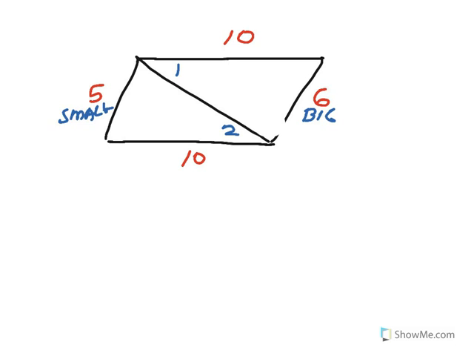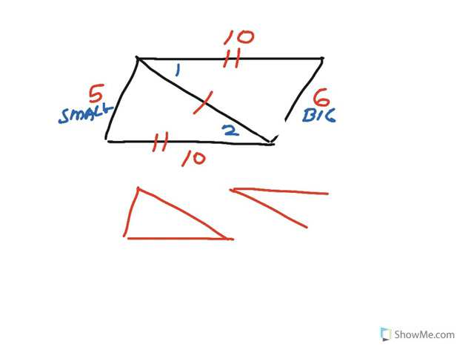Well, these two sides of 10 are the same measure, and this common side is the same measure. So if I redraw those two triangles, separate out the common side, it looks like this. And I've got the side that's 5 here and the side that's 6 here.